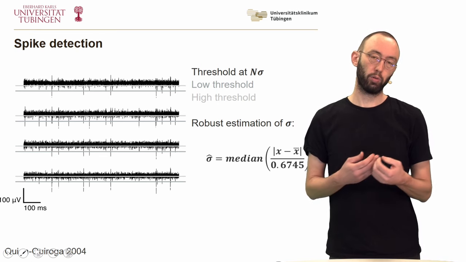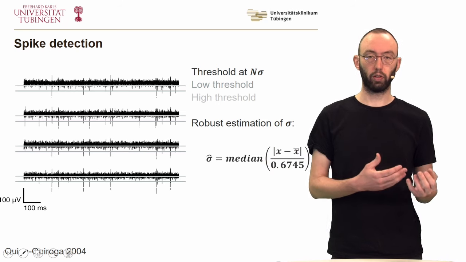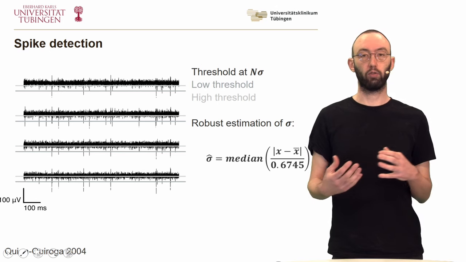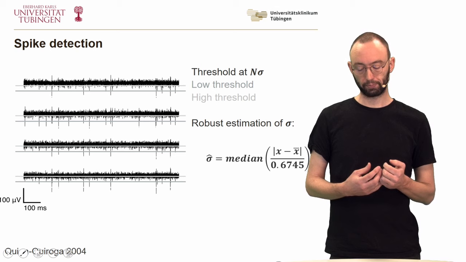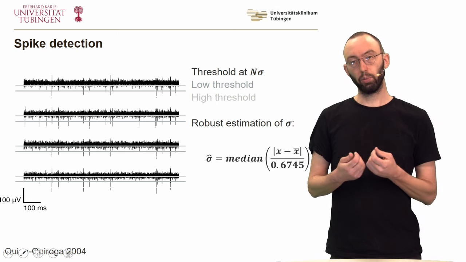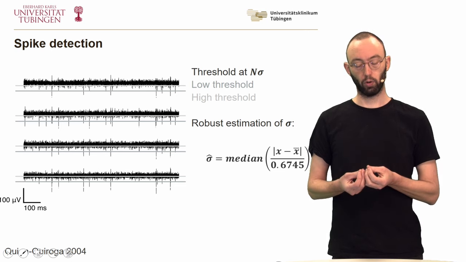On the other hand, if we put our threshold too high, then we may be too restrictive and throw out spikes, or not detect spikes that really could be separated into individual neurons. So a typical good threshold is at 3 or 4 times the standard deviation of the noise.